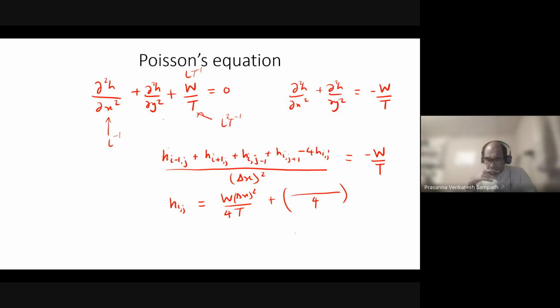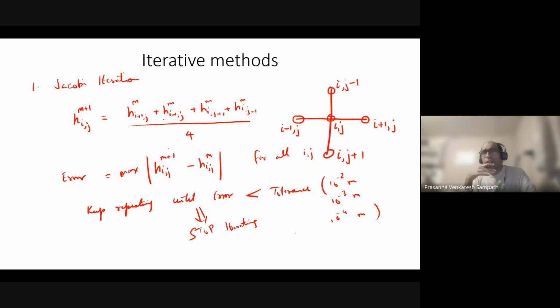So now let me give a brief background about the Jacobi iteration and Gauss-Seidel method that we just spoke about. You can use them for the Laplace equation, for Poisson's equation, for any of these equations. Generally speaking, between the Jacobi and the Gauss-Seidel, which one do you think will be better?